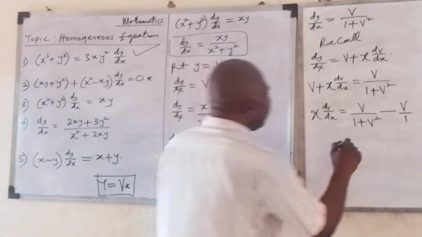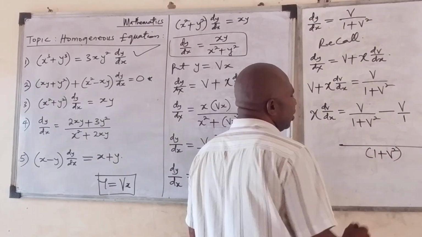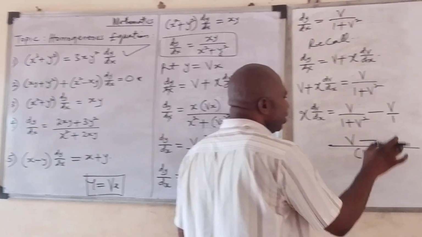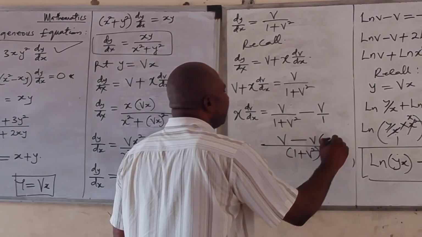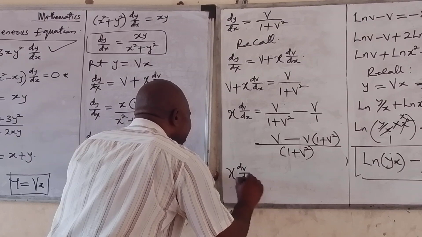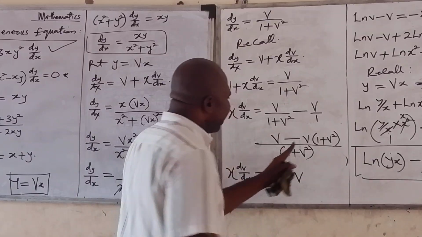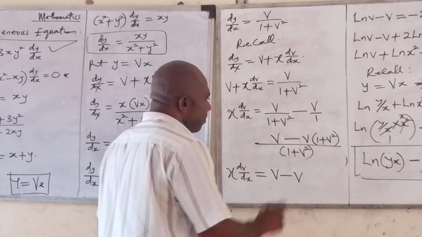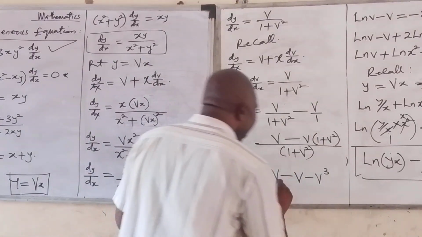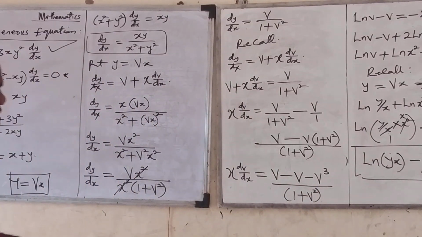So here the LCM of 1 plus v squared and 1 is 1 plus v squared. So this into this is 1, 1 times v is v, minus 1 into this is this times v, that will be v in bracket 1 plus v squared. So x dv/dx will be equal to v minus v, because minus v times 1 is minus v, minus v times v squared, that will be minus v raised to the power of 3, all over 1 plus v squared.